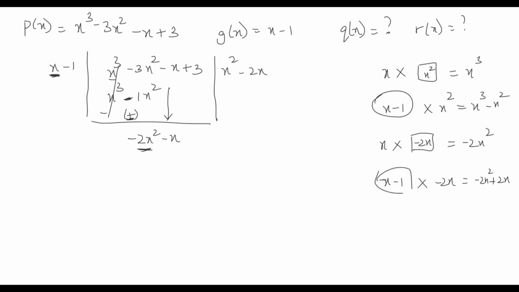Now if you substitute that here, minus 2x square plus 2x, minus turns to plus, plus turns to minus, this gets cancelled. Minus 2x square plus 2x square is 0, and minus x minus 2x will be minus 3x. Get this down, this will be plus 3.